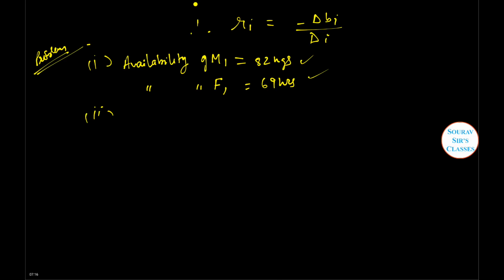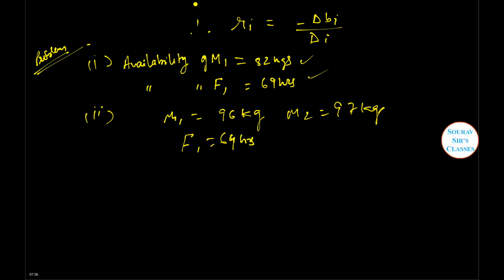And case 2 says that availability of M1 is 96 kgs, M2 is 97 kgs, F1 is 64 hours, and F2 is 115 hours.